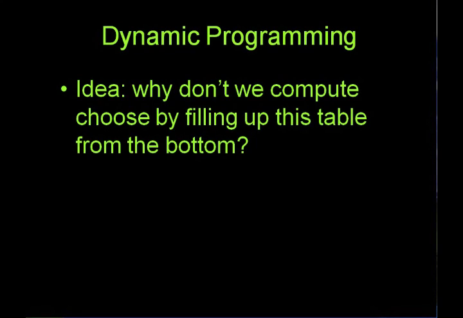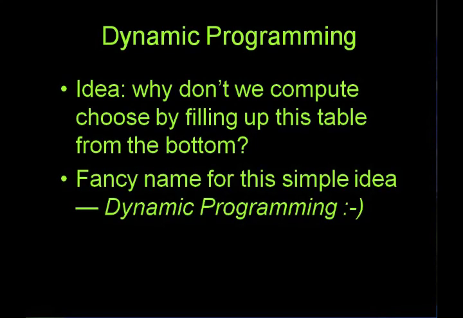The question now is, why don't we just fill the table directly from the bottom? Memoization gets a certain value, then tries to find the next value and so on, and at some point it fills the table upwards. The name for this idea is called dynamic programming.